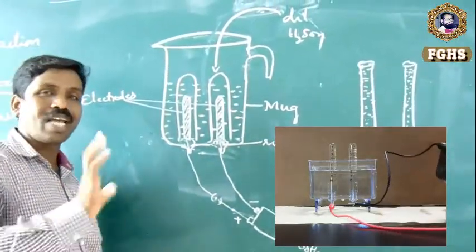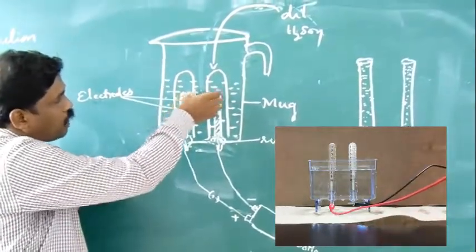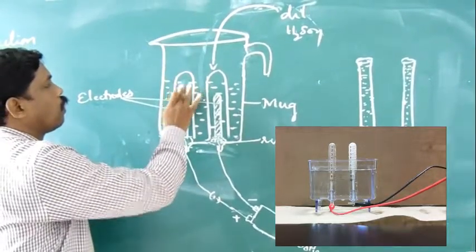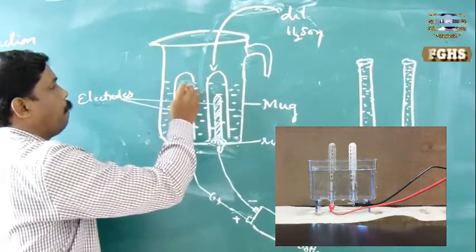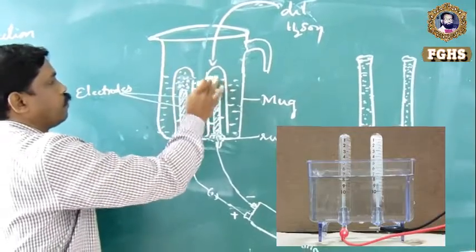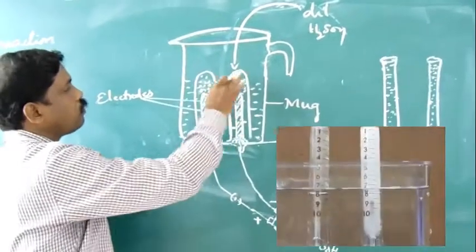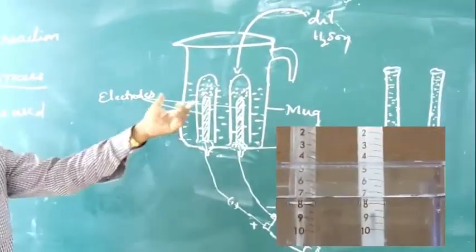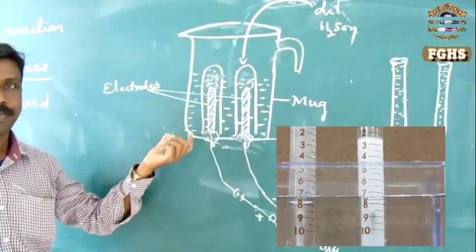After some time, if you observe within these two test tubes, you can see bubbles. These bubbles show that gases evolved in both the test tubes.